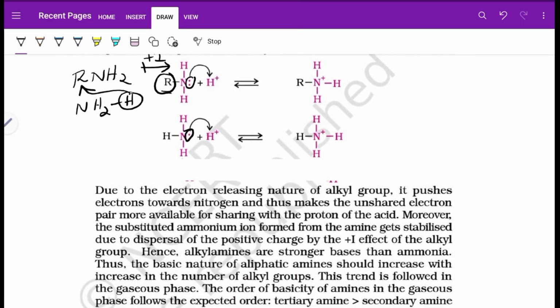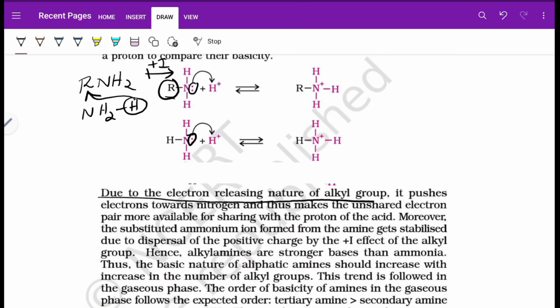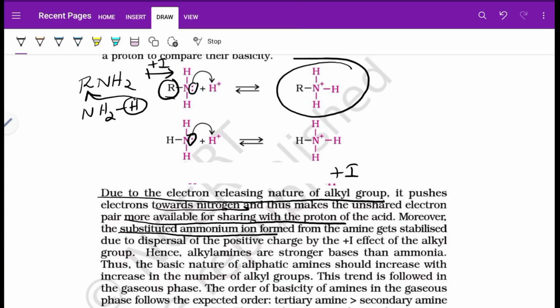So, due to the electron releasing tendency of the alkyl group, that is plus I effect, it increases electron density over nitrogen. Thus, it is more available for sharing with the proton. So what happens is the substituted ammonium ion, formed from the amine, is stabilized due to the dispersal of the positive charge by the plus I effect of the alkyl group.